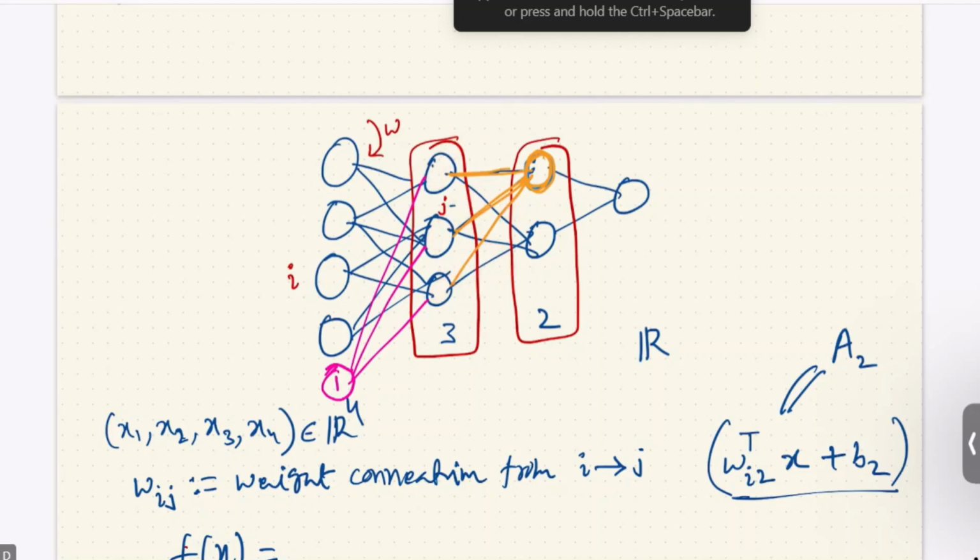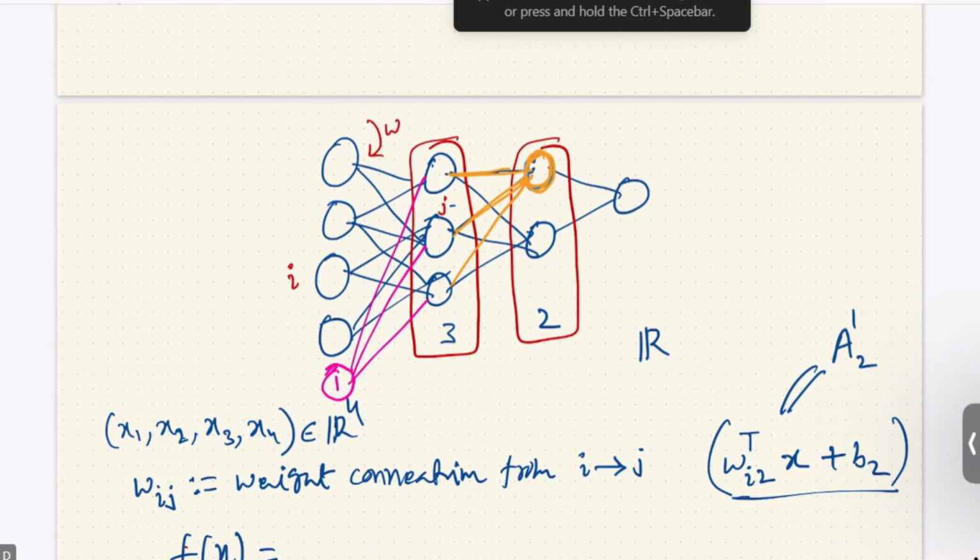And above it, I will keep a 1. The superscript indicates the first layer, and the subscript 2 indicates the neuron number.